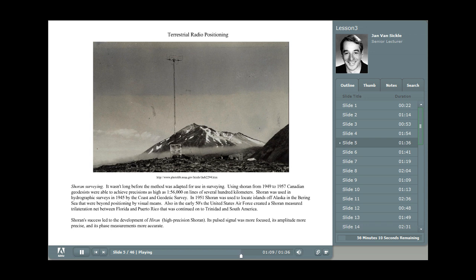And of course, trilateration is a familiar term that has come up again in GPS, positioning based upon distances. Now, it's worthwhile to note that SHORAN and its other brothers, LORAN and Hiran, are still terrestrial based, even though, of course, they're using electromagnetic signals.